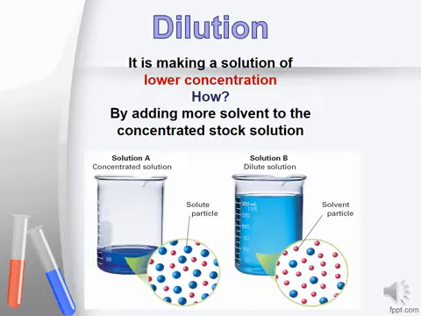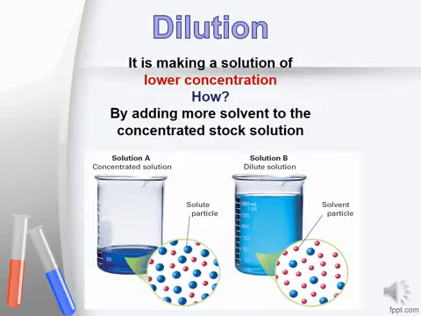Here, look at this scope. In the concentrated solution, solution A, the blue dots are the solute particles. Increasing the solute particles means it is highly concentrated. For solution B, the diluted one, the solute, which is blue, becomes less, and the solvent, which is red, increases.